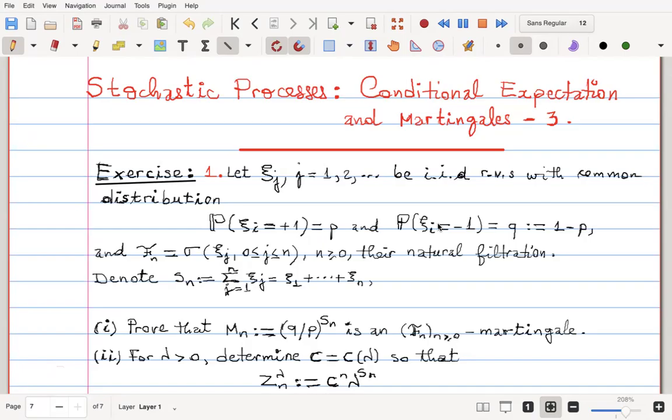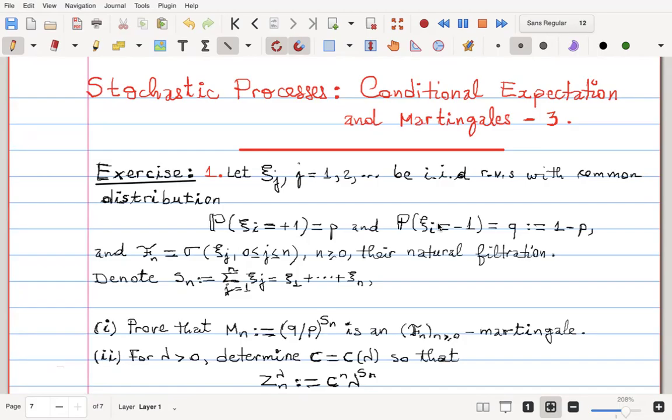So that's why it was good for us to first understand how to perform conditional expectation using the different properties, like linearity of the conditional expectation, taking out what is known, the tower property, and the like. There are many other properties. There are at least 11 properties of the conditional expectation. So we have an exercise here with many questions.